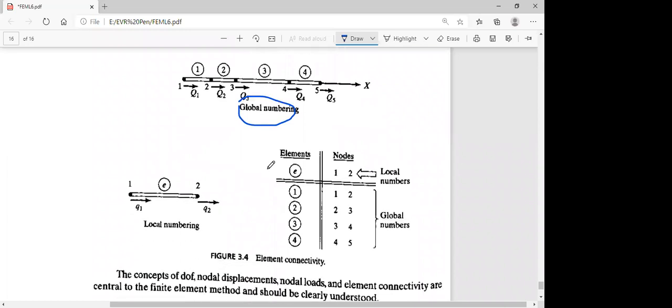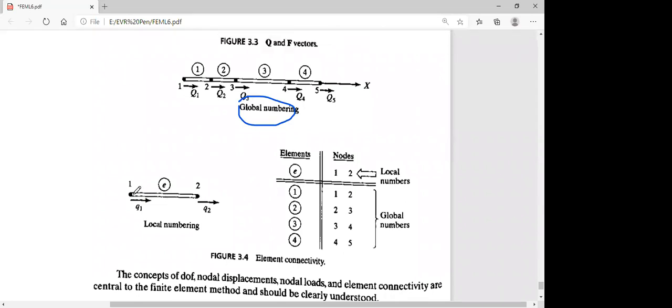Suppose we assume a single element in the local coordinates. Local coordinates means the axis of the element is considered as the x-axis. In local coordinates, each element has 2 nodes.